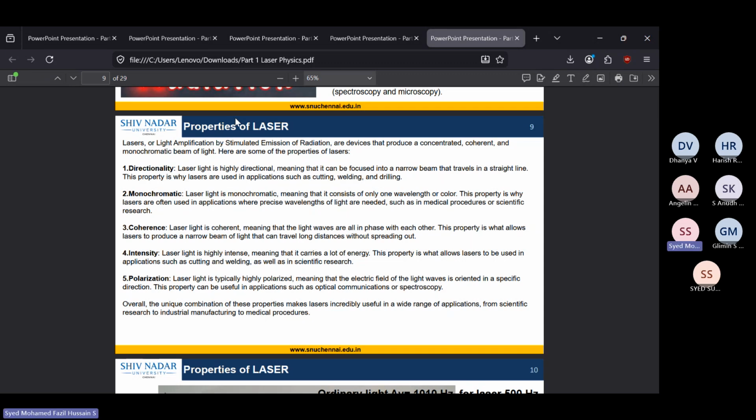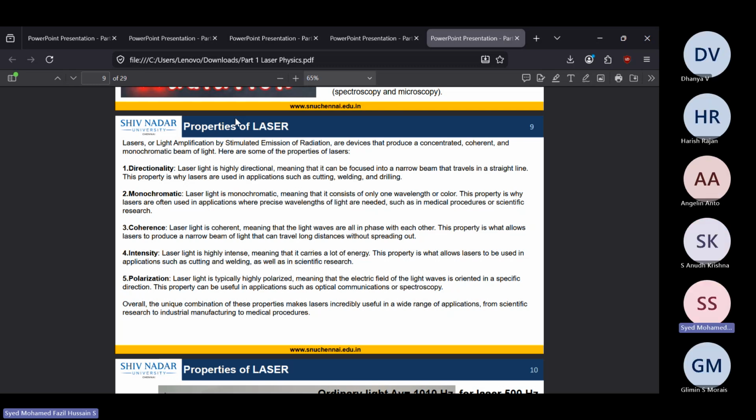The angle of divergence is very much less in lasers. Next, monochromatic. We see just one type of color, either red, green, or blue, for example, and those colors don't deviate from that wavelength.